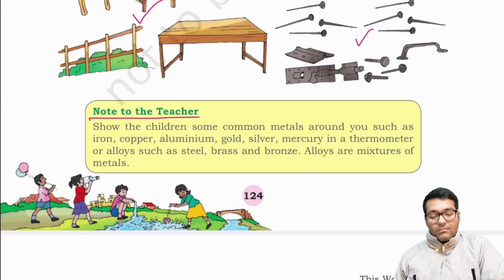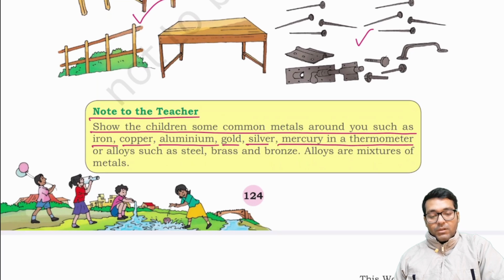Note to the teacher. Show the children some common metals around you such as iron, copper, aluminium, gold, silver, mercury in a thermometer, or alloys such as steel, brass, and bronze. Alloys are mixtures of metals.